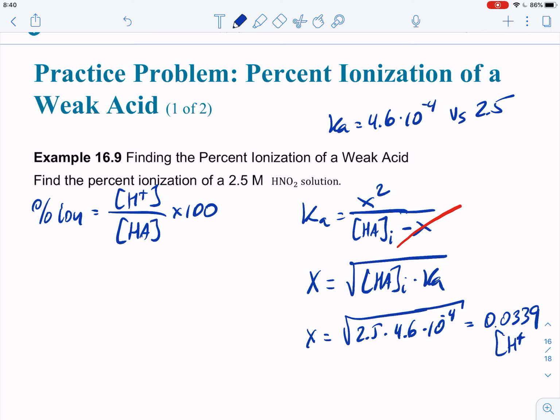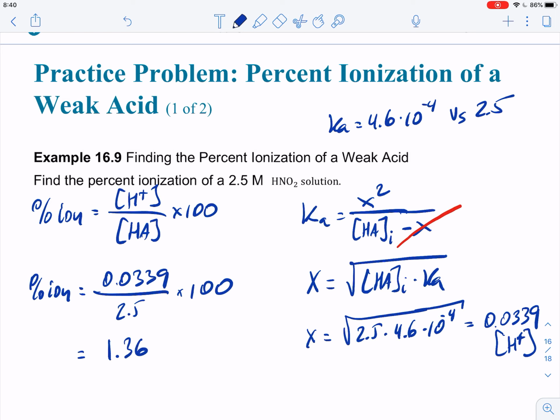Therefore your percent ionization is equal to 0.0339 divided by 2.5 times 100, and this is equal to 1.36%. So at that concentration, 2.5 molar of the nitrous acid, 1.36% of the molecules of the acid are ionized, present as H plus and A minus. That's the meaning of that number.